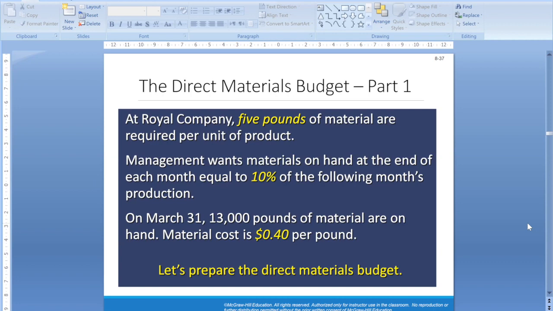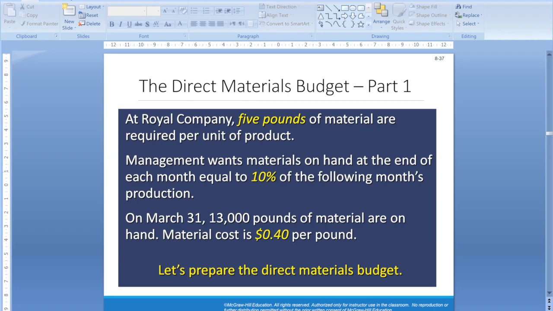So any inventory that comes from March will be a beginning inventory of April. So on March 31st, we do have 13,000 pounds of material on hand. So we already have 13,000 pounds in our warehouse of April, which comes from the previous month, and is considered a beginning inventory of April, which is the same as the ending inventory of March.